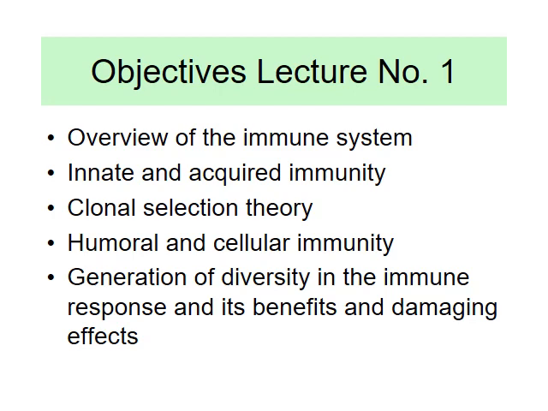I want you to know what the clonal selection theory is. You should know what clonal selection theory is. What are the differences between humoral and cellular immunity? And then finally, the theme of diversity in terms of immune response and its benefits.